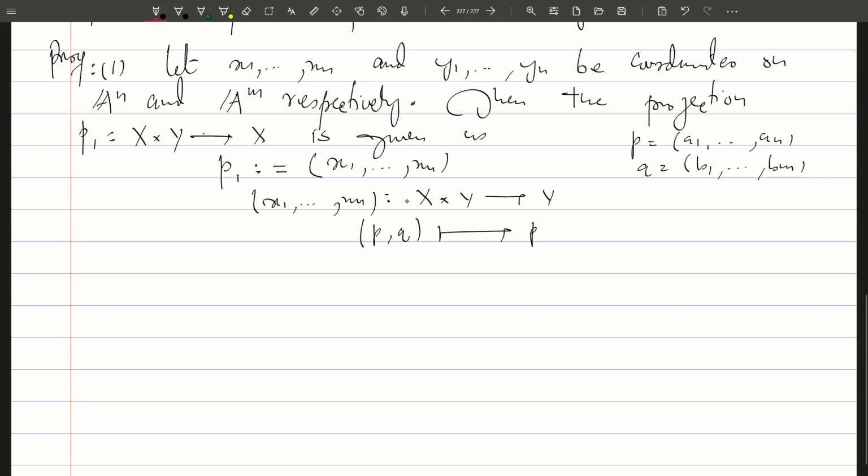Now since these xi's are the coordinates on An, this map takes the point (p, q) to p, where p is in X and q is in Y. So actually we do not need to write this, it is trivial. Now since this p1 is given by an n-tuple of regular functions, this would imply p1 is a morphism.